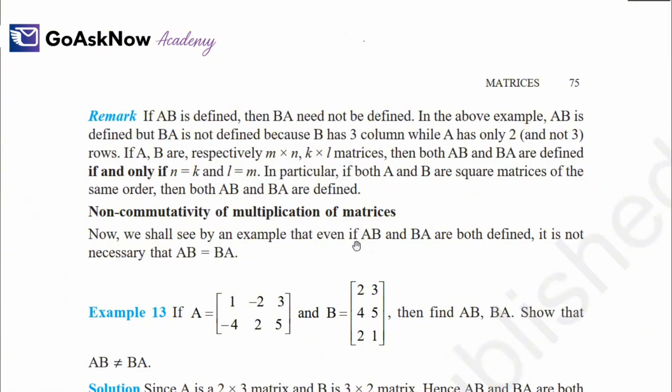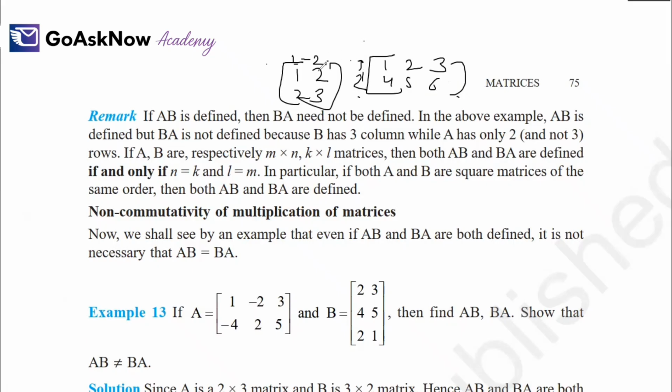Because if you have the first matrix 1, 2, 3 and so on with 2 columns, and the second matrix 1, 2, 3, 4, 5, 6 with 2 rows, you can multiply them because the number of columns and number of rows are equal. This is A and this is B, so AB is possible here.